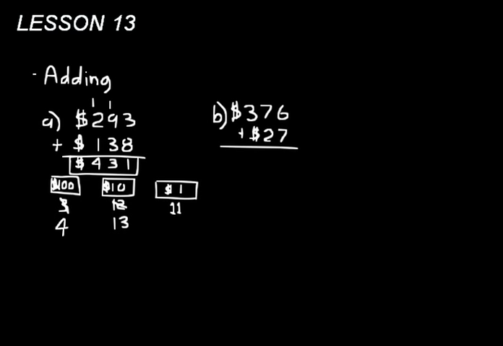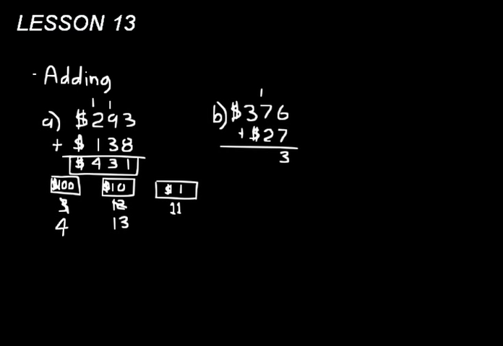Let's do another one. Let's add a 3-digit number and a 2-digit number. So let's just think about this. We have 6 plus 7 in the ones place. That would be 13. So that means 1 ten and 3 ones. And so we put a 3 down there and carry a 1 up to the tens column. And then we add those up, 7, 8, 9, 10. 10 tens would be 100, right?